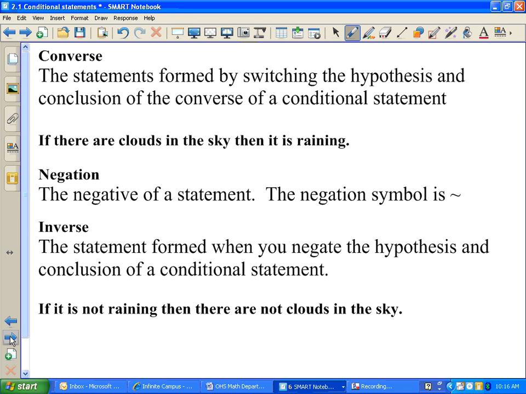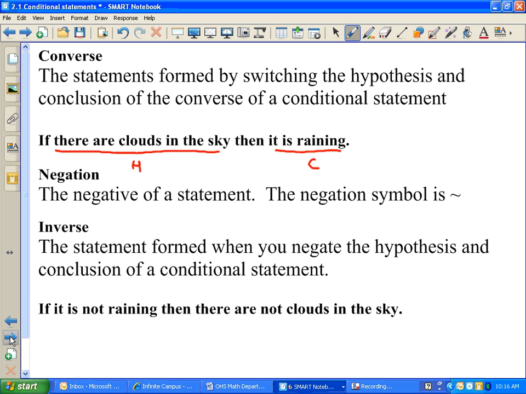All right, converse just means rearranging it. You know how we said if it's raining, then there are clouds in the sky? We just rearranged it: if there are clouds in the sky, then it's raining. So now my conclusion is it's raining, and the hypothesis is there are clouds in the sky. Just rearranging. Very good.